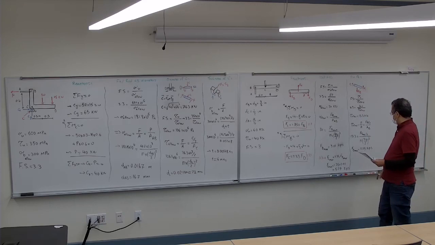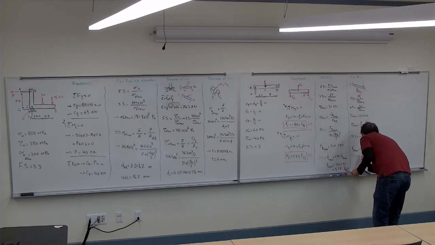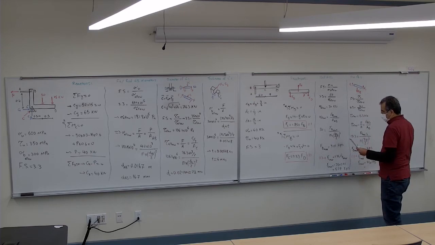Now I have the FB max, so I can use equation 1 again. And it says that FC max would be 1.75 times FB max. So FC max would be 1.75 times 2.95, which would be 5.15.